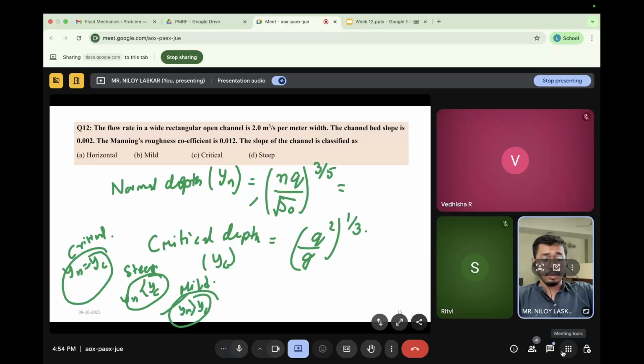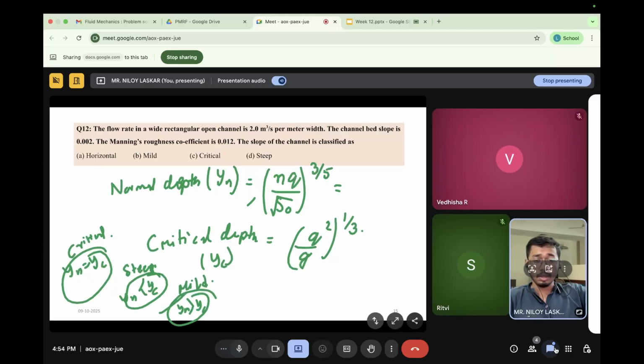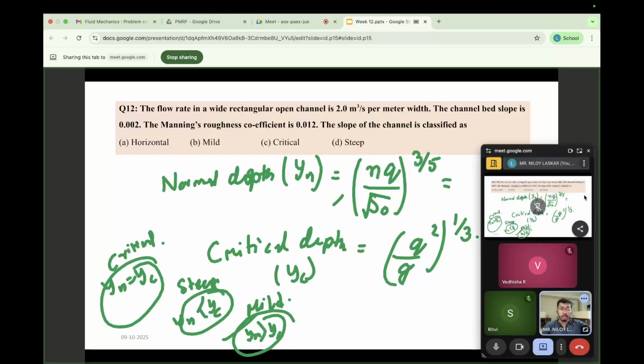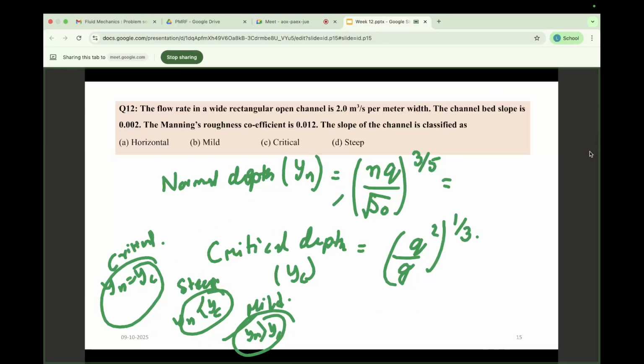Yes. So, I have received one answer from Riddhi. Let us check whether this one is correct or not. In this question, n is given as 0.012 and the slope of this one is given as 0.02 and q is 2 meter.